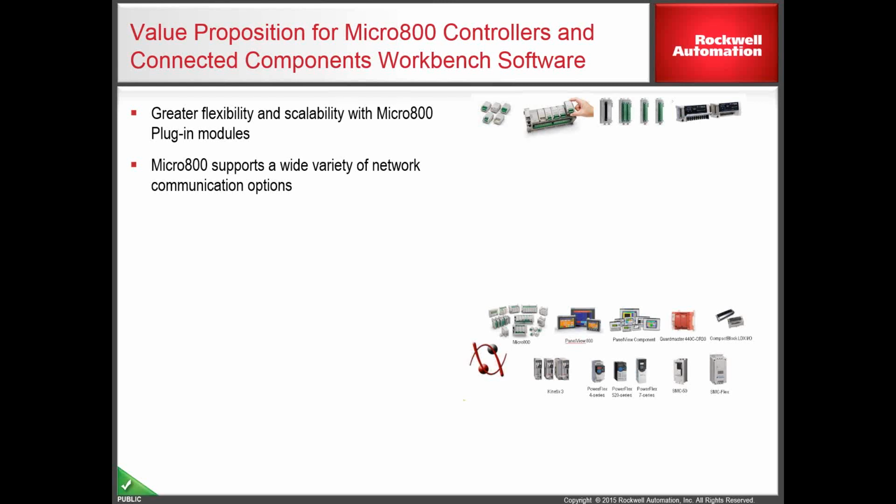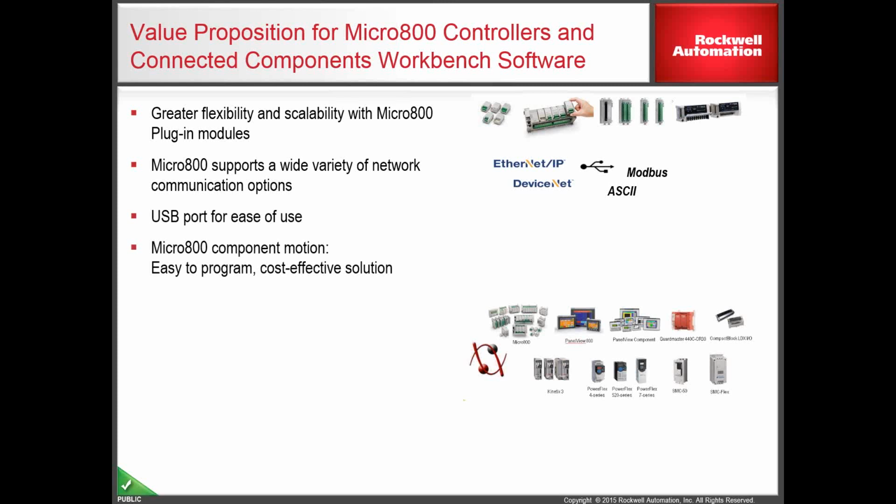It supports Modbus, it has USB, it has Ethernet, it has Modbus TCP/IP. It has DeviceNet as well for remote IO configuration. It has a USB port for ease of use, so you don't need any special cable for programming. It's a normal USB with which you can do the programming.